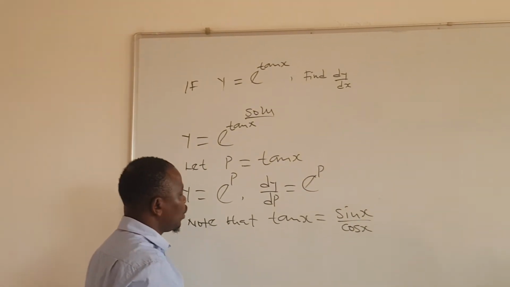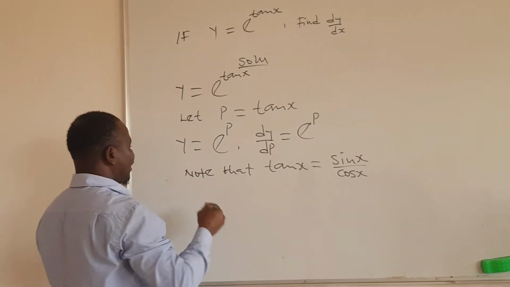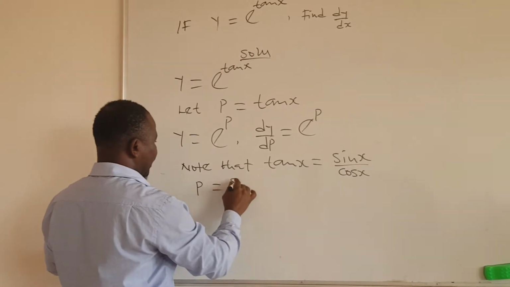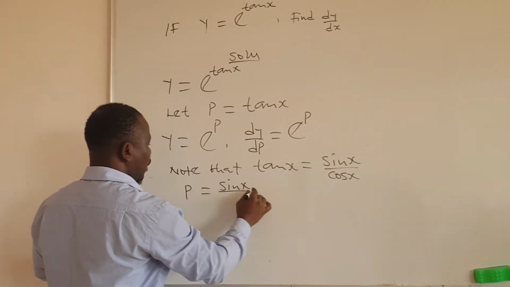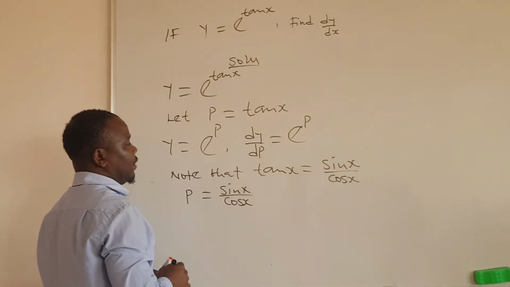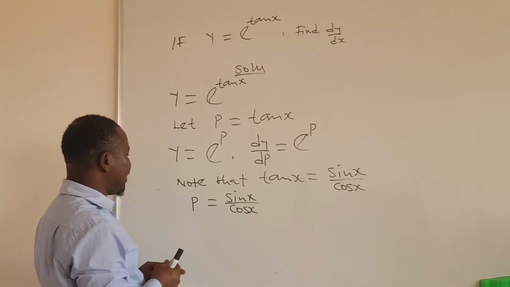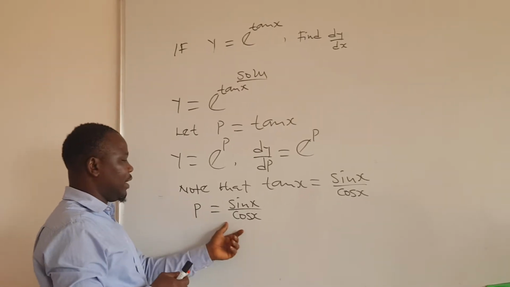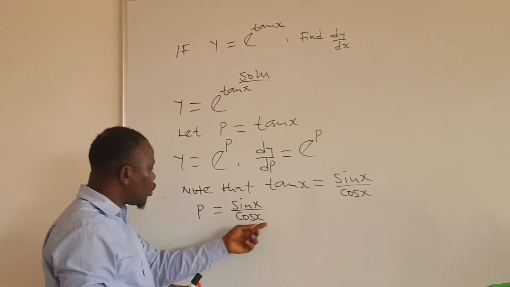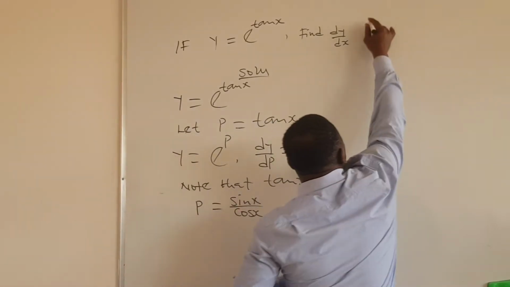If you agree with me, it implies that our P will now be equal to sin x over cos x. Is that clear? So how are we going to obtain our dP over dx? It implies that we are going to use what is called the quotient rule. Is that clear?